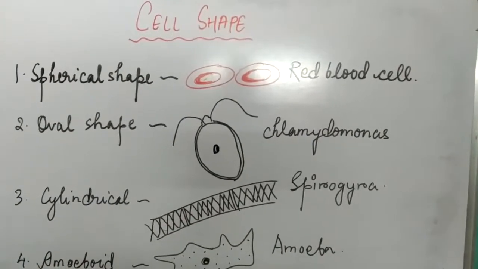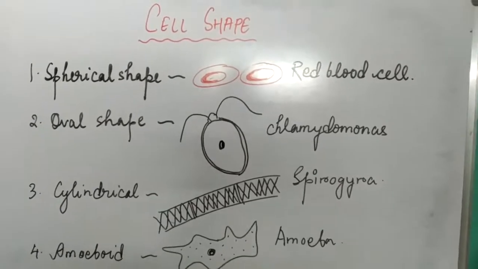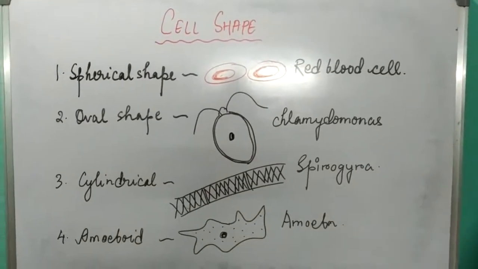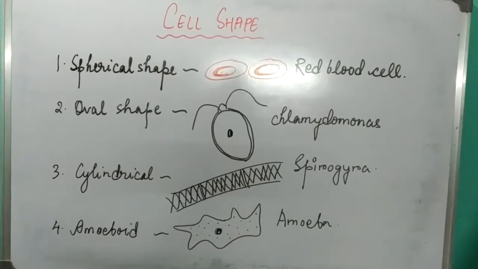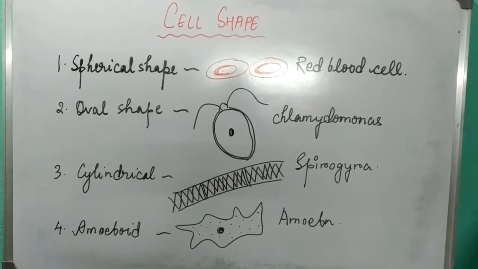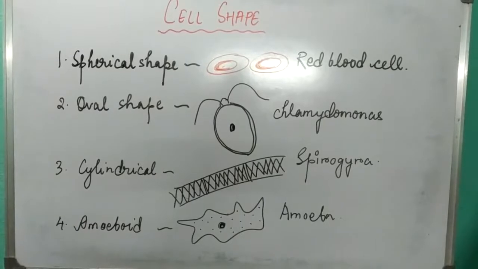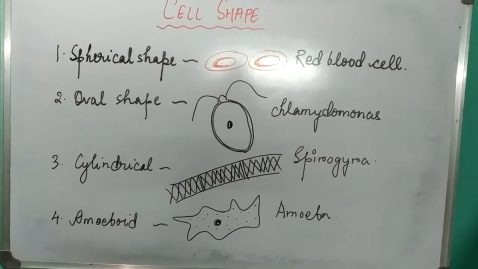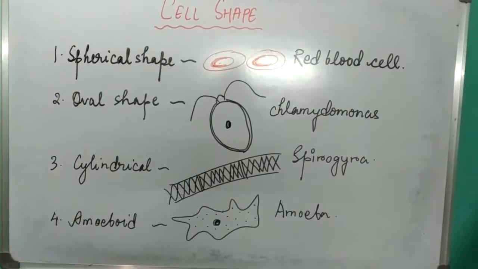The shape of the red blood cell is spherical so that it can easily pass through the blood capillaries. The red blood cell is one of the smallest cells found in the human body, and it is round so that it can easily pass through the blood capillaries. Next is the oval shaped cell, like Chlamydomonas.